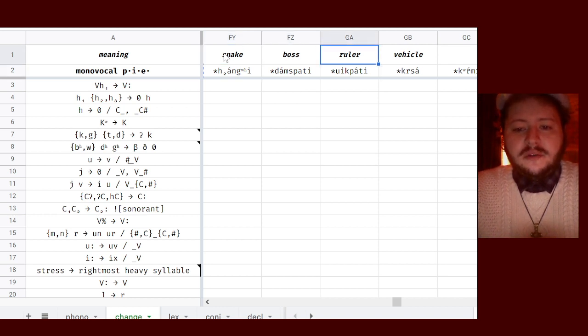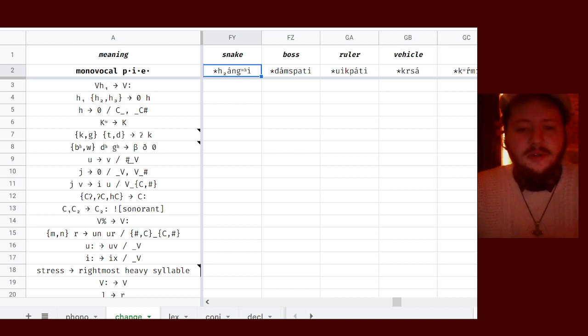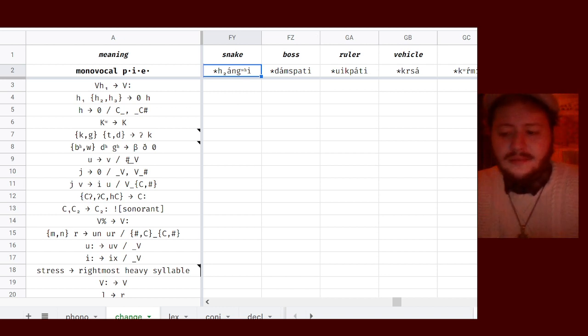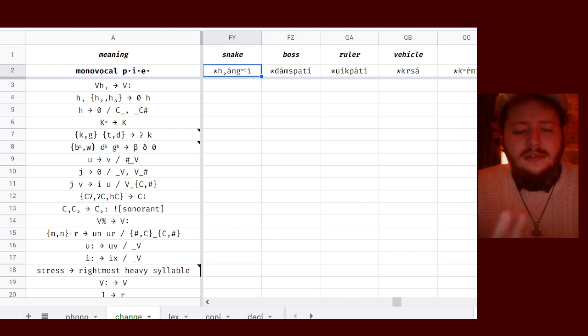And it also does some weird things with where the stress goes. And also, I am not reflecting the centum-satem split, so the palatovelars and not palatovelars, which are actually probably more like velars and uvulars in the actual Proto-Indo-European.